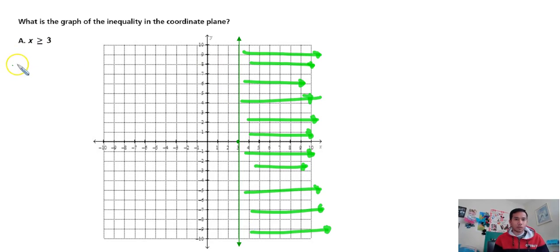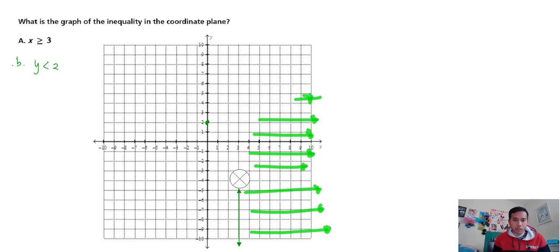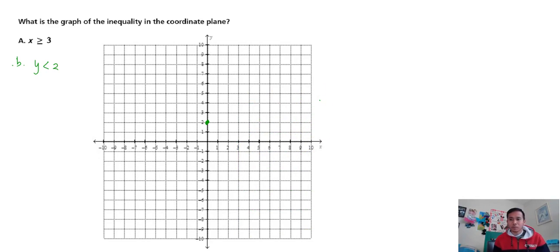I'll just graph it in the same graph. Let's say letter B is y is less than 2. So if it is y is less than 2, it's here. I'll just erase this one. So that is 2 there, and then all of the numbers less than 2.